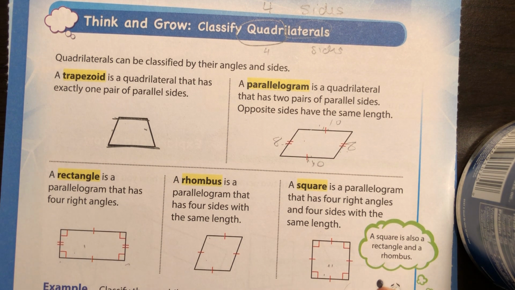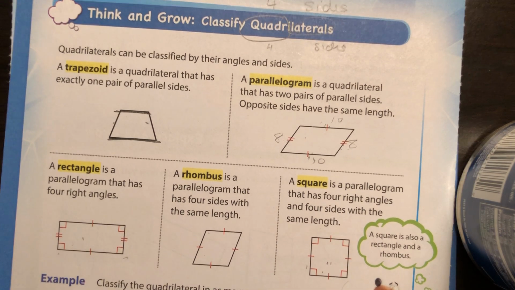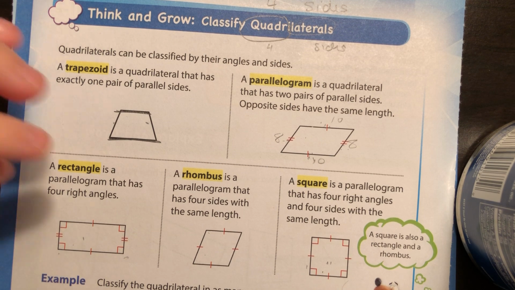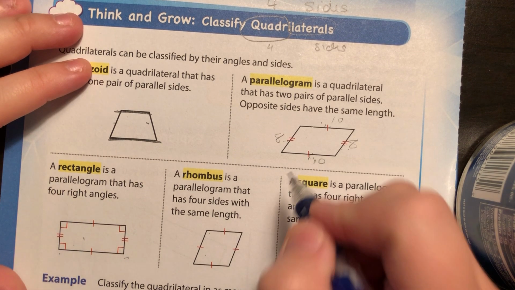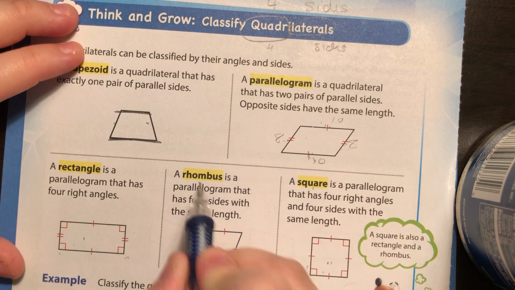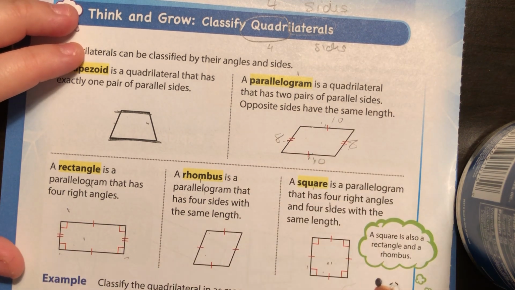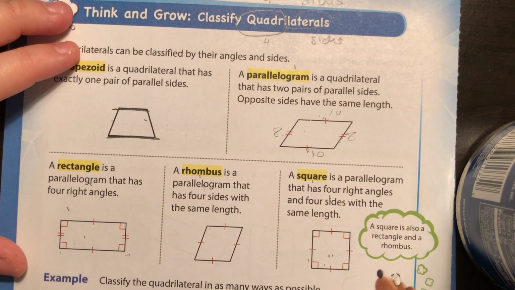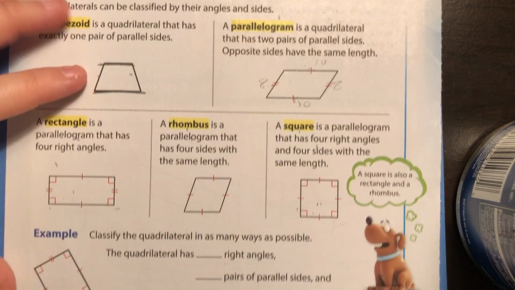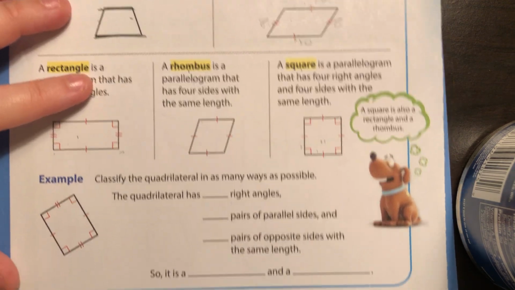Then there's a square. The square is a parallelogram that has 4 right angles and all the sides are equal, meaning that any square is also a rhombus, also a rectangle, and also a parallelogram. The square is lucky because a square can actually be all 3 of these. Okay? It takes a little bit of getting used to talk about that, but okay.